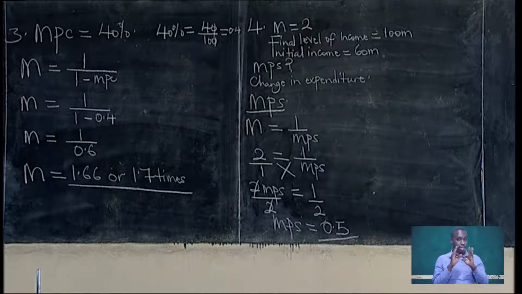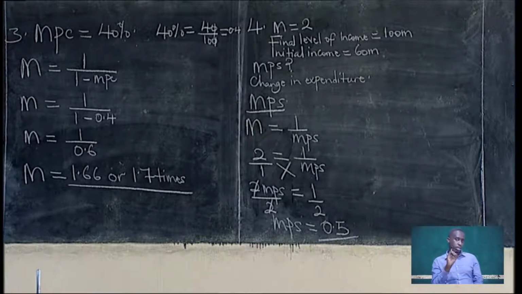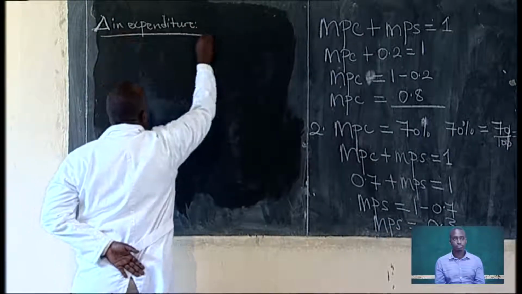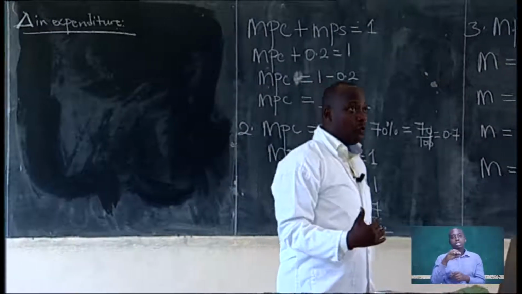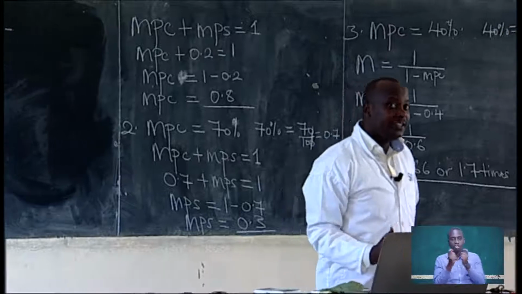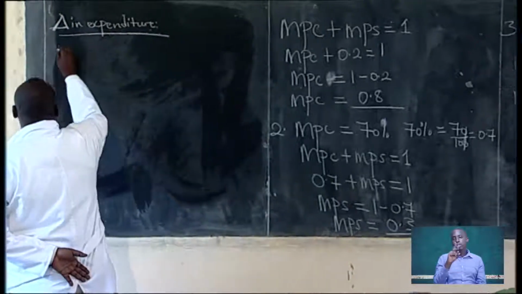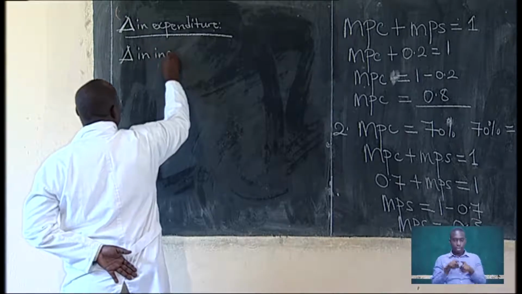Given the multiplier and given the final level of income. We cannot get a change in expenditure if we don't have a change in income. We must look for a change in income to get a change in expenditure. And how do we get the change in income? This delta means a change.